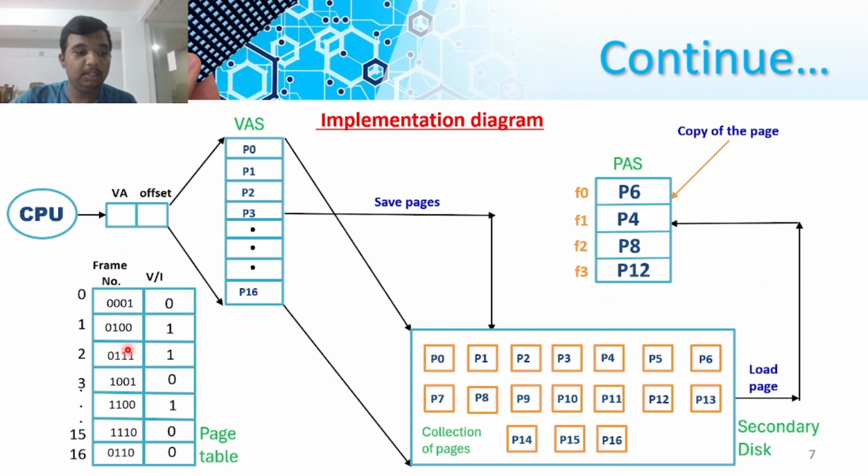Let's take one example of whether a page is available in the main memory or not. Here the page number of the virtual address is 4 bits because the page number is 0 to 16 and the binary is 4 bits, and the offset address is 13 bits because the total address bits of the virtual memory is 17 bits. Here P4 means the fourth page is available in the main memory, on frame number 1, and this indicates that the fourth page is available in the main memory.